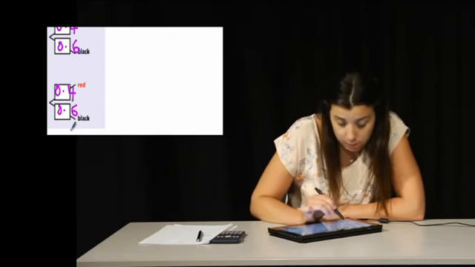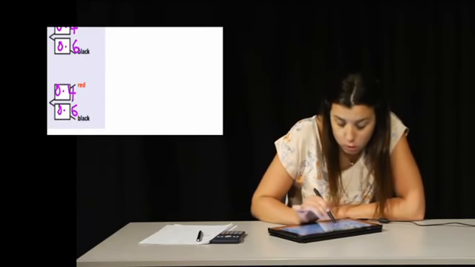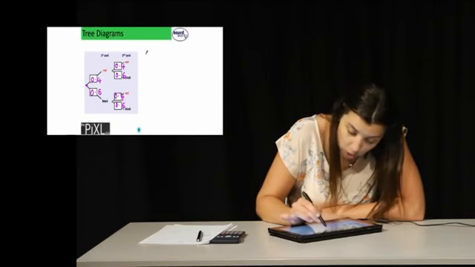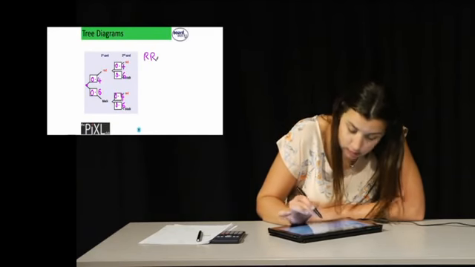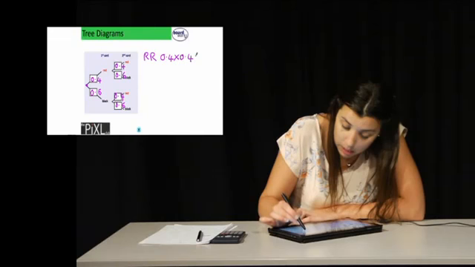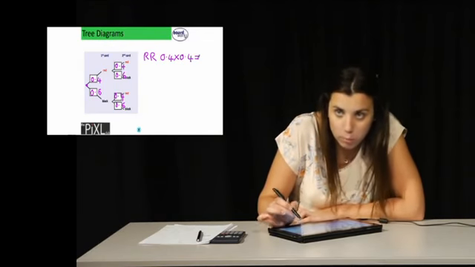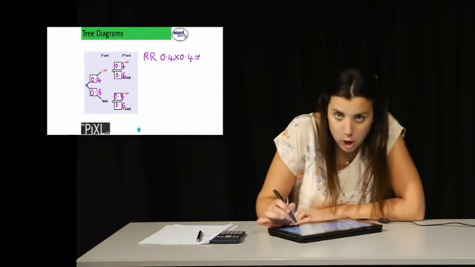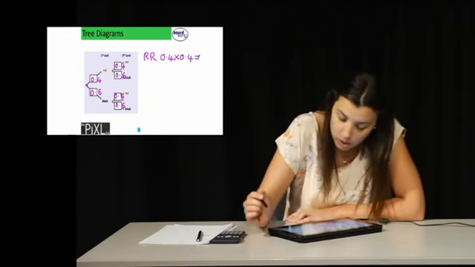If we start here and go red, red, that's my notation, RR. I calculate that probability by doing the first probability, 0.4, multiplied by the second probability, 0.4. And that's going to give me the probability that I stay in and do my homework, red, red.